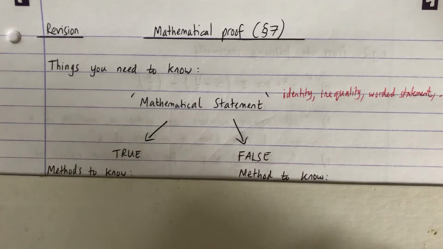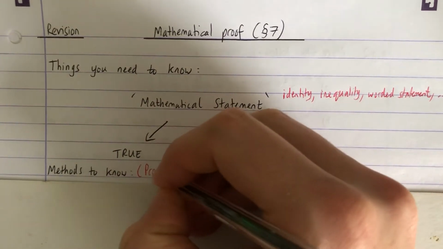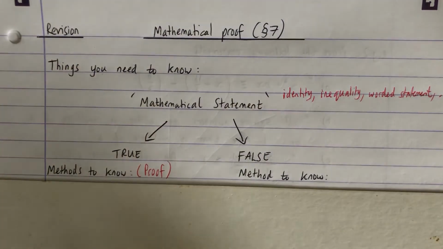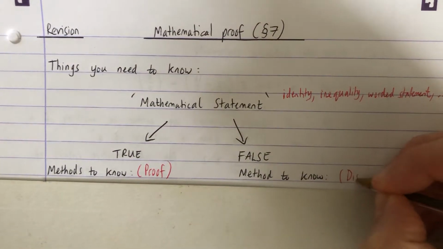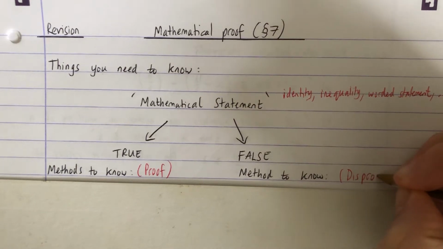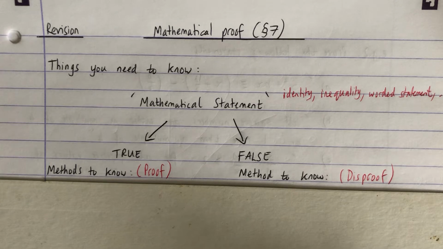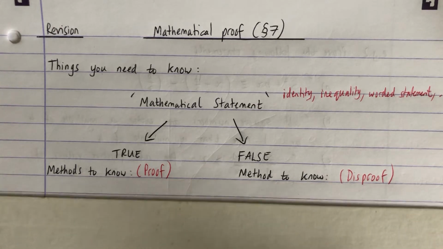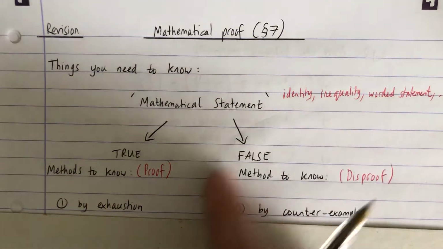So when you prove it's true, that's called a method of proof, and when we're asked to show a statement is false, that's a method called disproof. Now there are various methods for both. So the easiest one is to prove something is false.